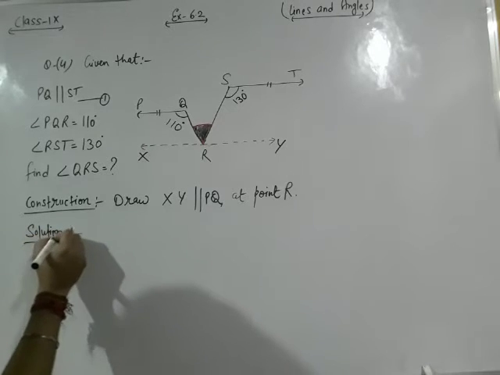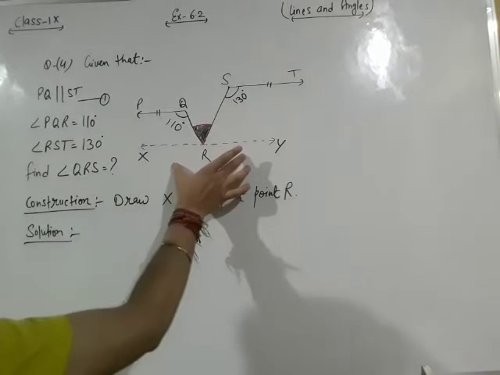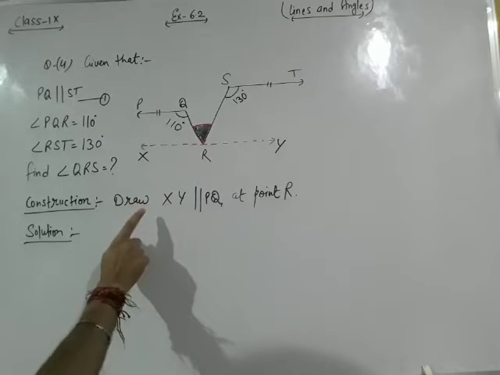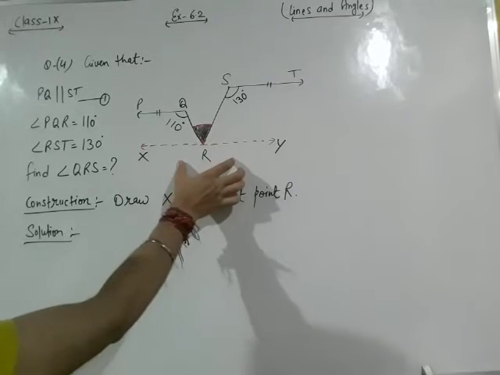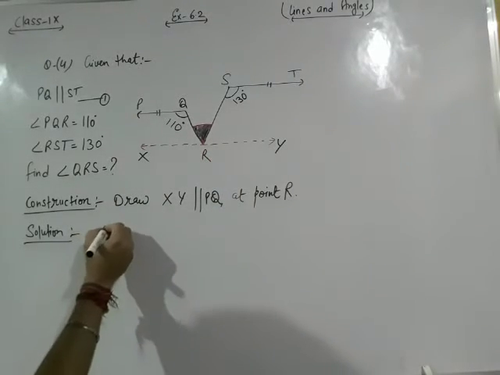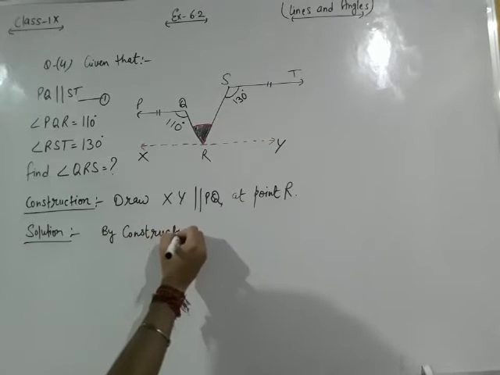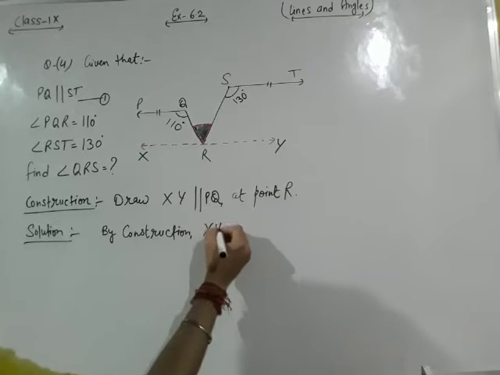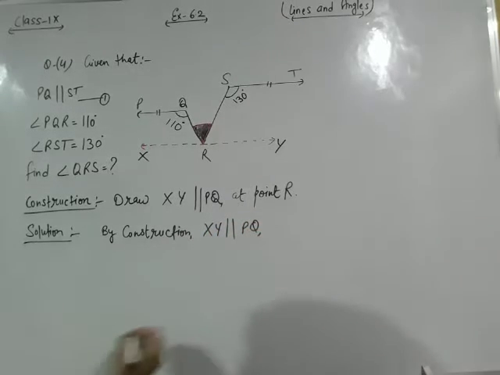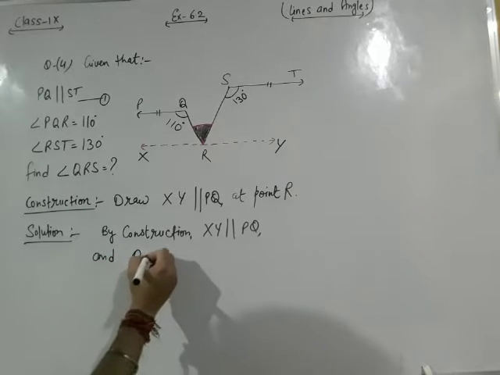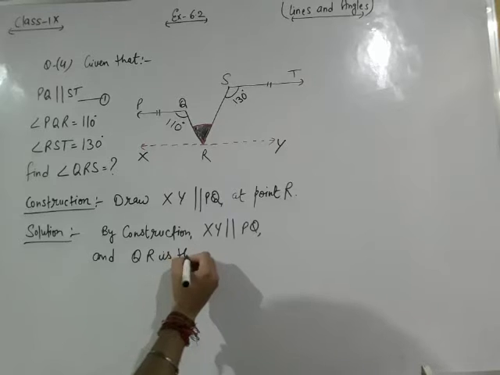Now, what is the reason we have drawn a line XY parallel to PQ? Now we have a connection. Just have a look. By construction, XY is parallel to PQ, and QR is the transversal.